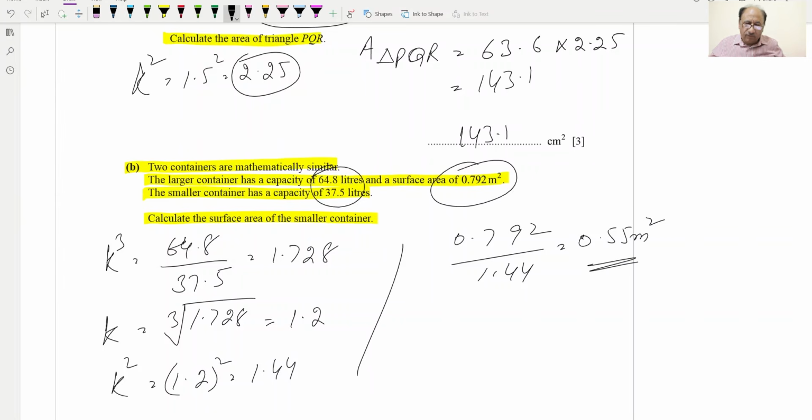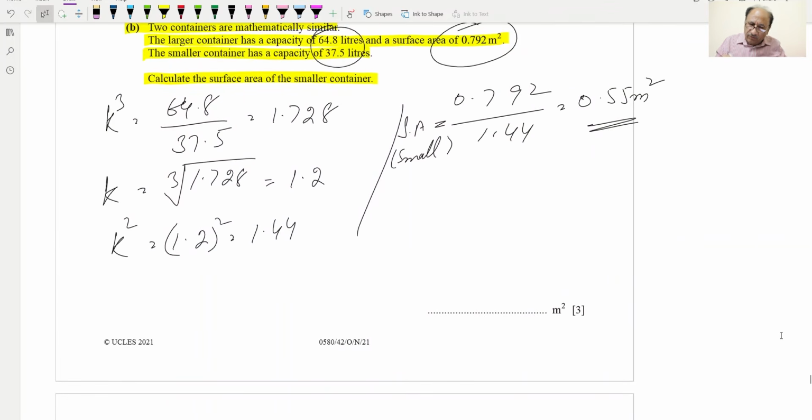This will be our final answer, and this will be the surface area of the small container. Surface area of the small container will be 0.55 meters squared. This was a 3-mark question.